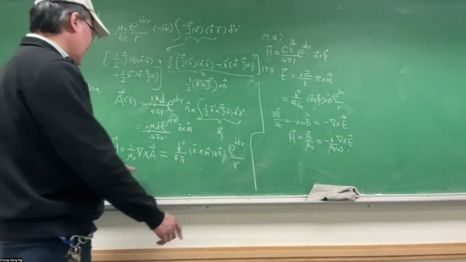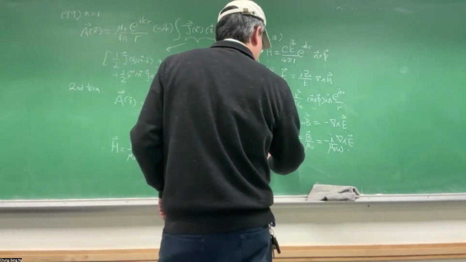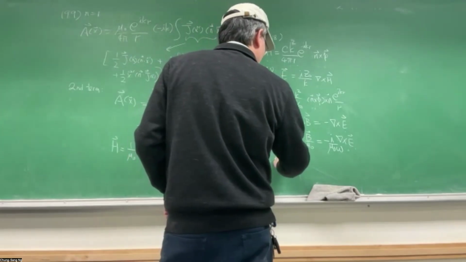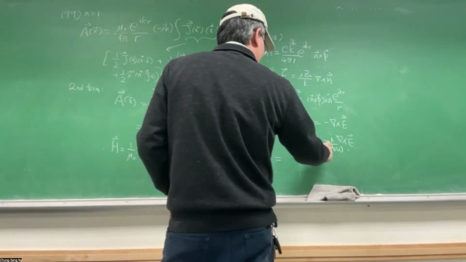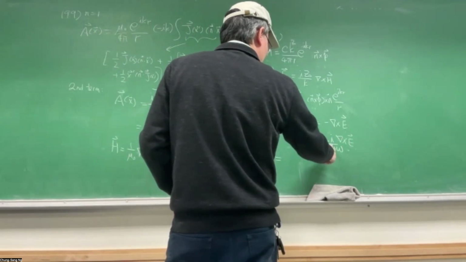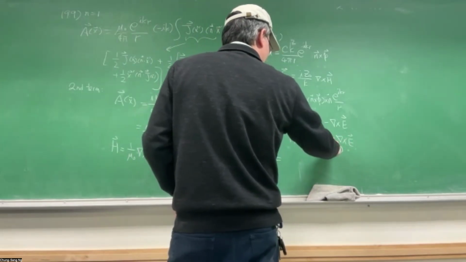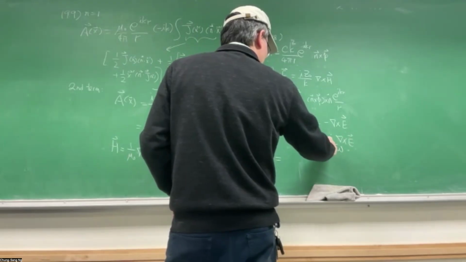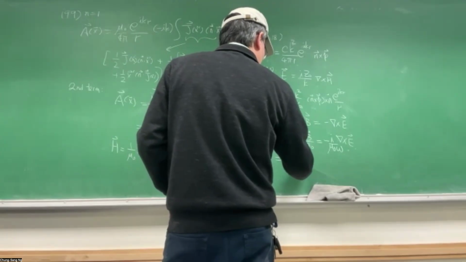Therefore, you can compare this with that and say that B is curl A, where you can get rid of the gradient. So minus i E is A, so A is i A times omega.